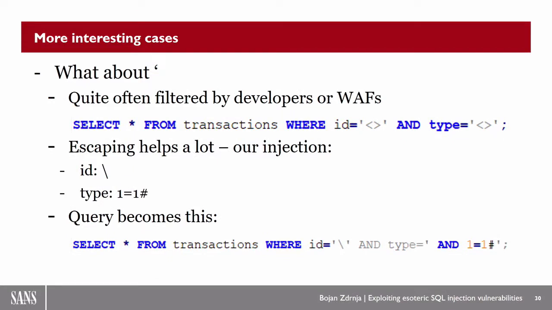Since we escaped this single tick, this all becomes ID, and then actually what we inject here becomes our extension of the SQL query. So even though single tick is banned, we can still modify the query.